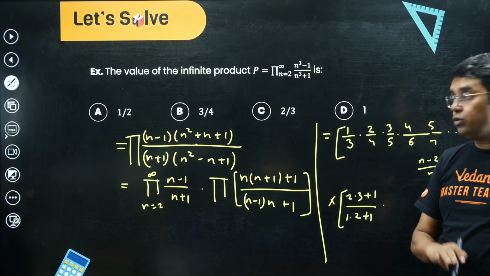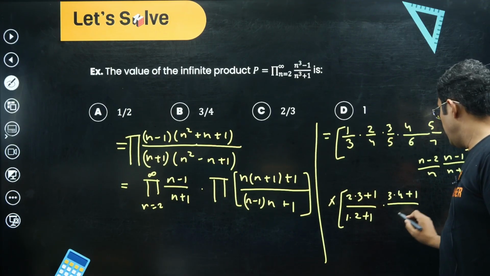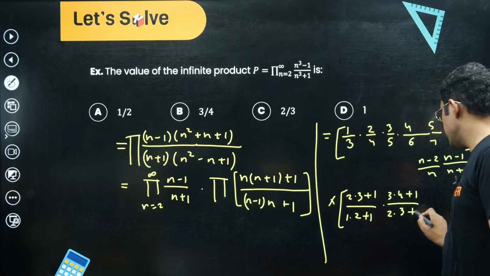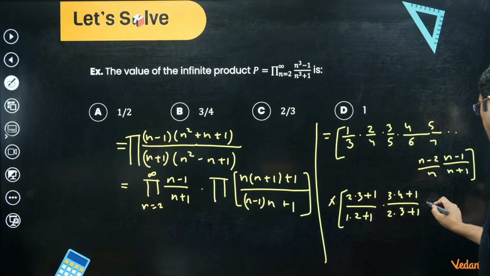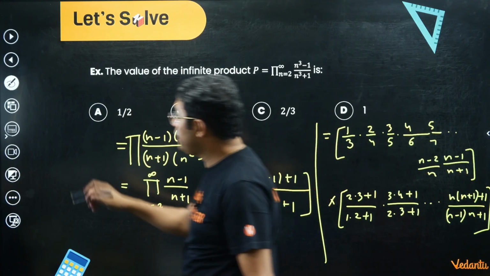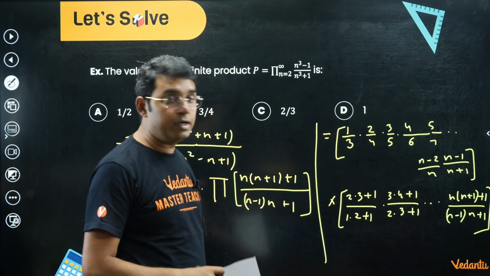When you put n is equal to 3, it will be 3 into 4 plus 1, and 2 into 3 plus 1 here, and so on. The last term will be this only, n into n plus 1 plus 1, and here n minus 1 into n plus 1. Okay, you might be thinking that here I have written only the last term, whereas here I have written two terms.